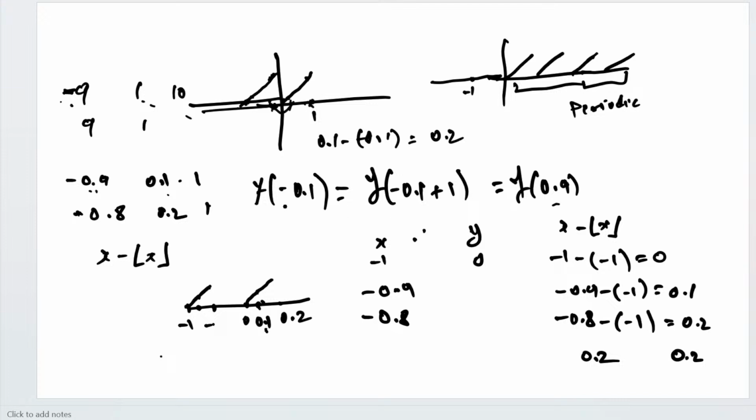Minus 0.9 is 1 unit away from 0.1. Agreed? Okay. So f of minus 0.9 is equal to f of minus 0.9 plus 1, which is nothing but what is minus 0.9 plus 1?